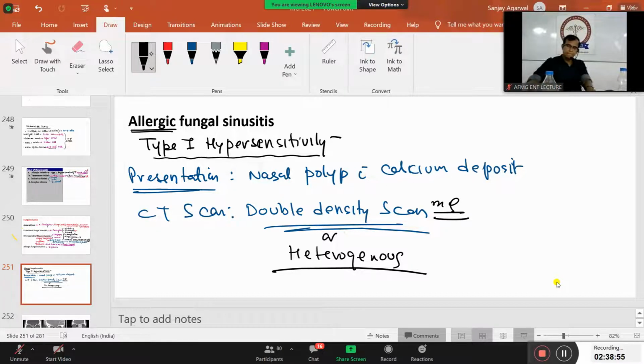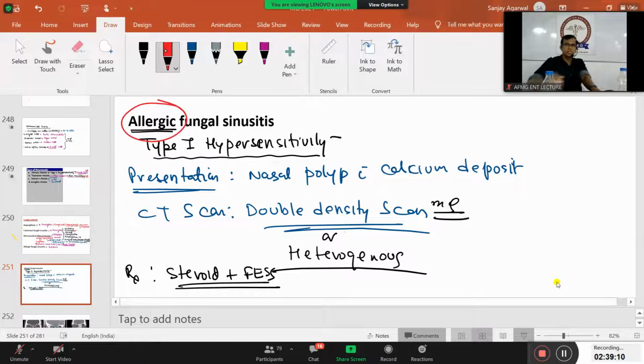Treatment: steroids plus FES. Again, FES surgery plus steroid. Why steroid? Allergy means steroid is the best thing. So, steroid plus FES.